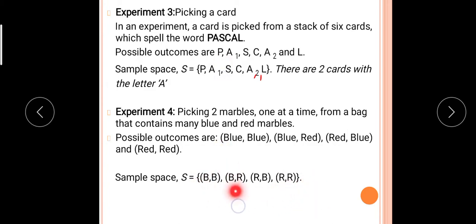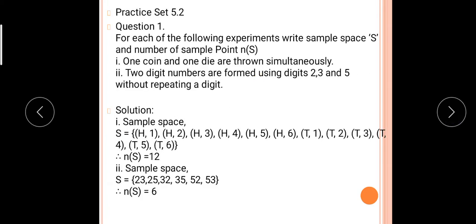These 2 examples I took out of the textbook. All these points you have to mention in your notebook. Understood what is sample space? Now, for each of the following experiments, write the sample space S and the number of sample points n(S). The sample space is denoted by S, and the number of outcomes or points in a sample space is denoted by n(S).